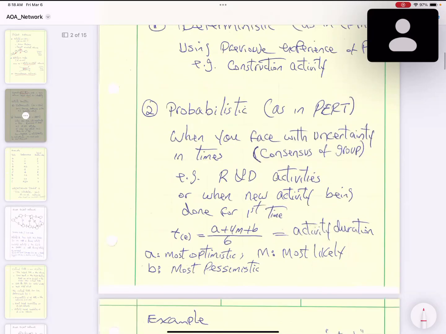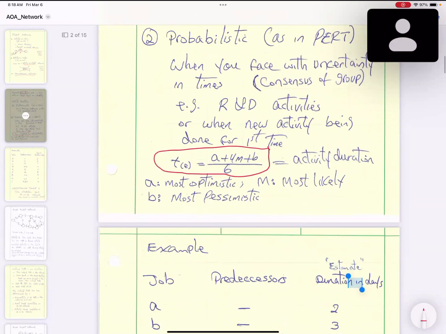Or, as we mentioned last time, it could be probabilistic, meaning that in the PERT method you don't have a clear idea how long it may take to do an activity. Then you use this expression that we discussed last week, the time estimate. We do some probability, use some heuristic method and some guessing, and calculate your activity duration based on the most optimistic, most likely, and most pessimistic estimates. So that's how you can do it.